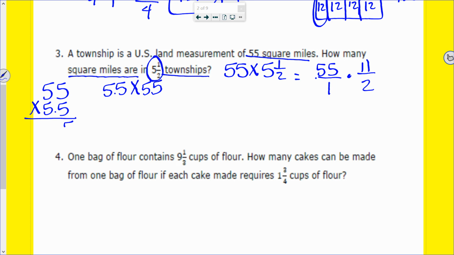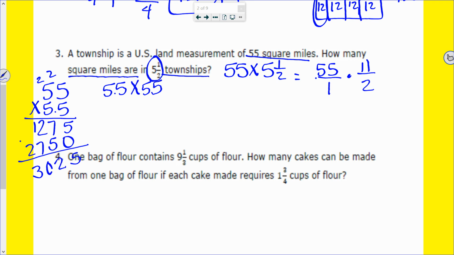5 times 5 is 25, carry your 2, you have 5 times 5 again, plus 2 is 27. Moving on, you have another 5 times 5 is 25, and then another 27. When you add them all up, you get, I messed up, 5, 4, 3. There we go.